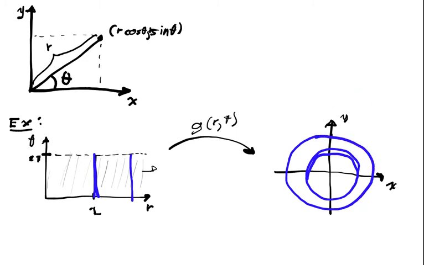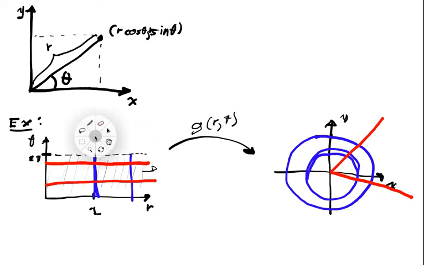But what about if we took a line where theta is fixed but r is changing? Well, that would give us a ray emanating from 0. So that would be the angle pi over 2. There are 4 of those. And that's essentially what this map g of (r, theta) is doing.